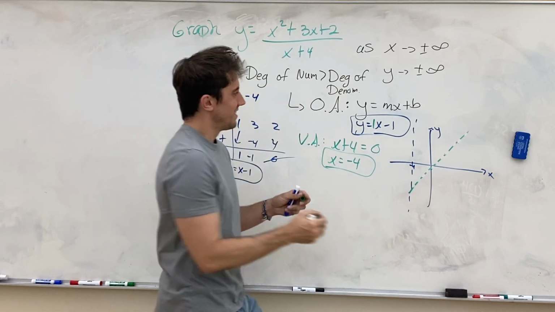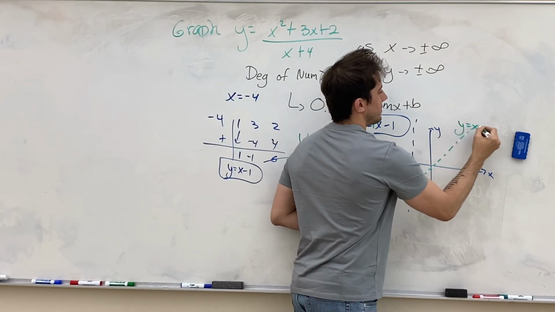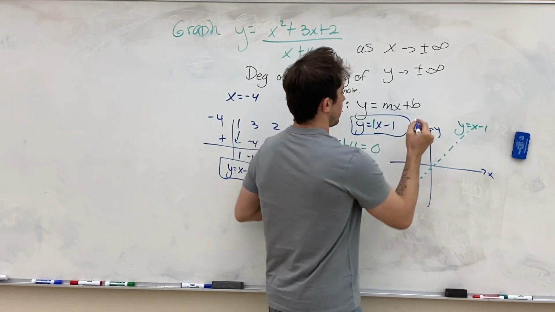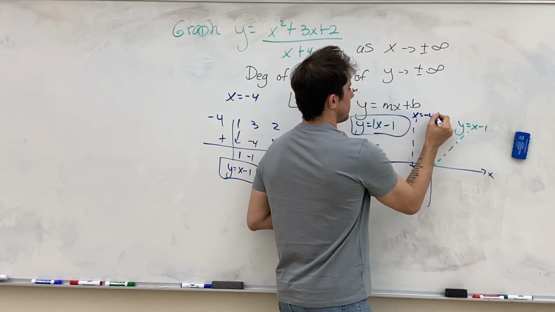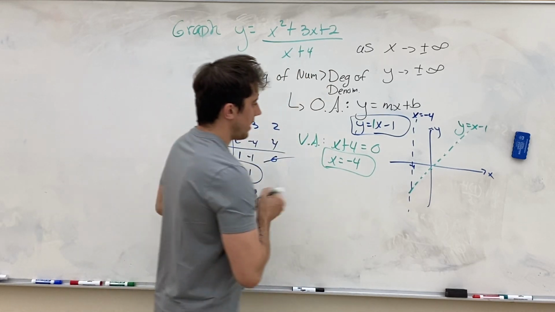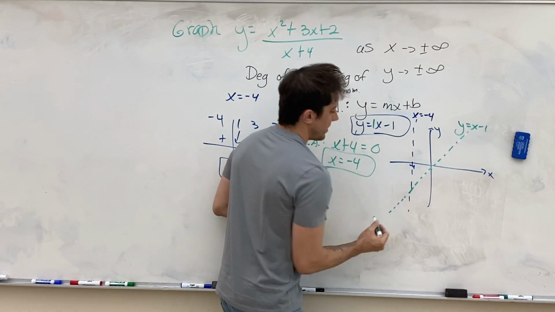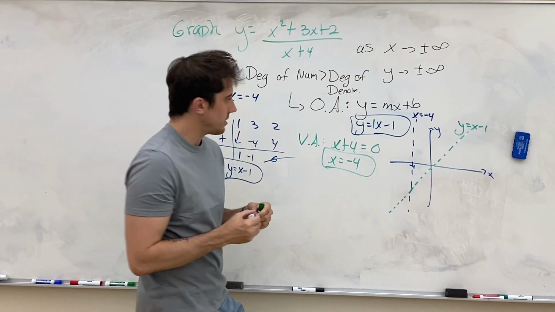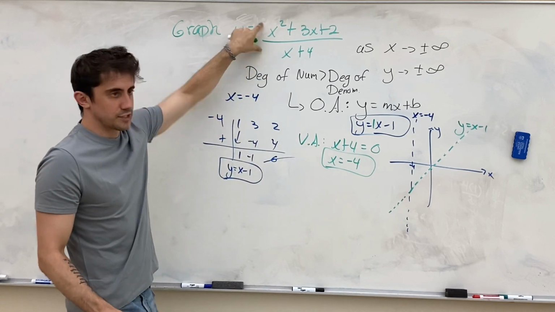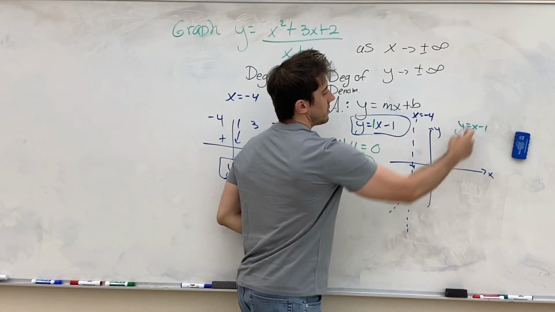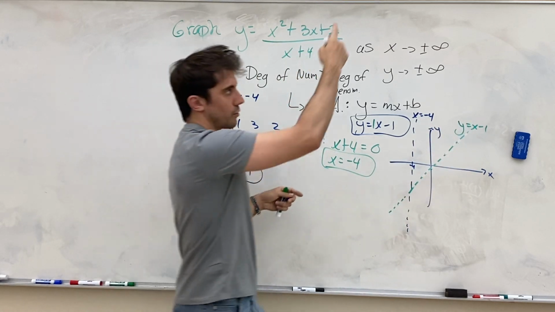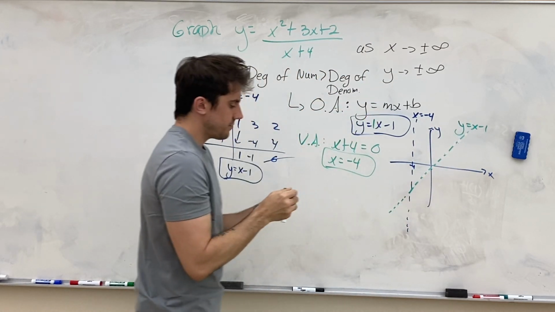There we are. Oblique asymptote and our vertical asymptote. And now, the rest of our graph can be a bit tricky to visualize. Both of these factors have positive leading coefficients, and so I can tell you it's going to be a curve in both of these corners, almost like 1 over x, kind of.